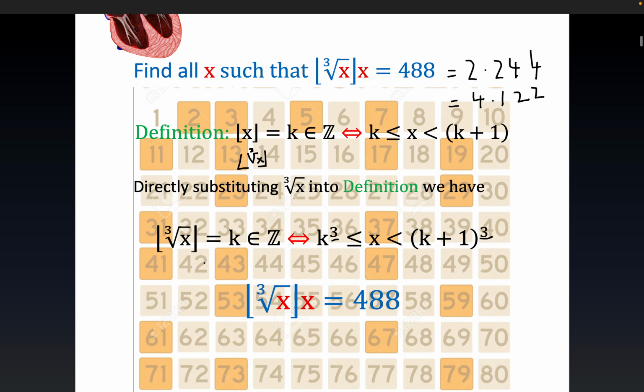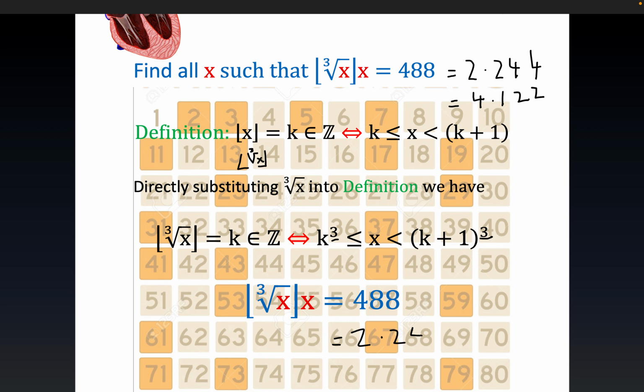Let's take a look at the first. Another thing to note is that this is the cube root of a positive number, and you're taking its floor. It's certainly going to be smaller than x when x is greater than 1, basically for all positive x. So let's go ahead and try out what would happen for 2 times 244.